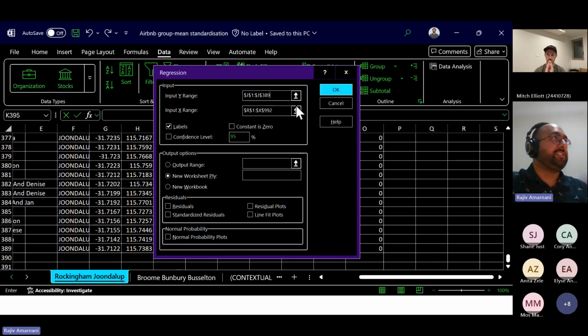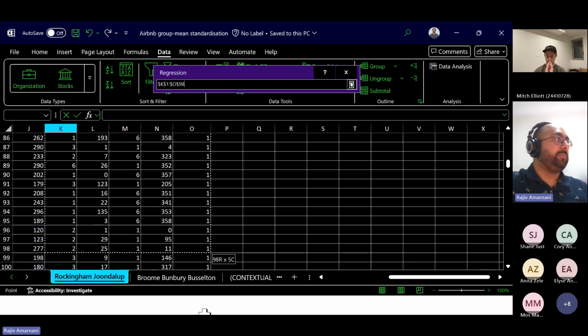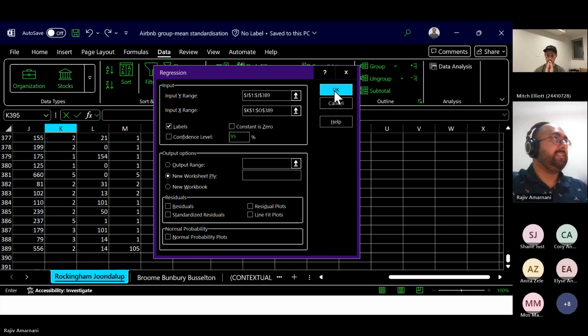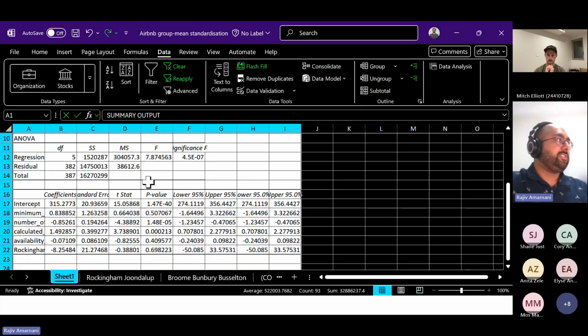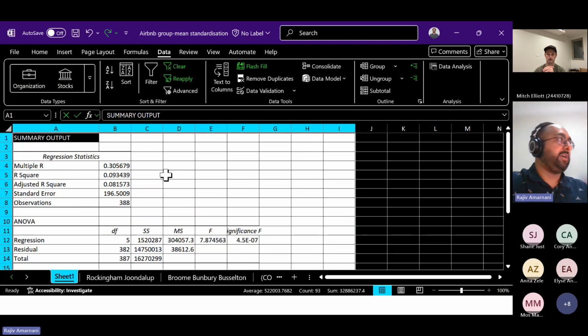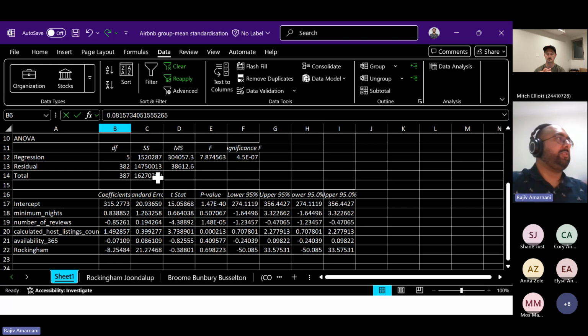And here we have just the original variables, minimum number of nights, number of reviews, and so on. Okay. So here we have our regression model predicting price of Airbnbs in Rockingham and Joondalup. R square is 8.2%. It's not too bad.